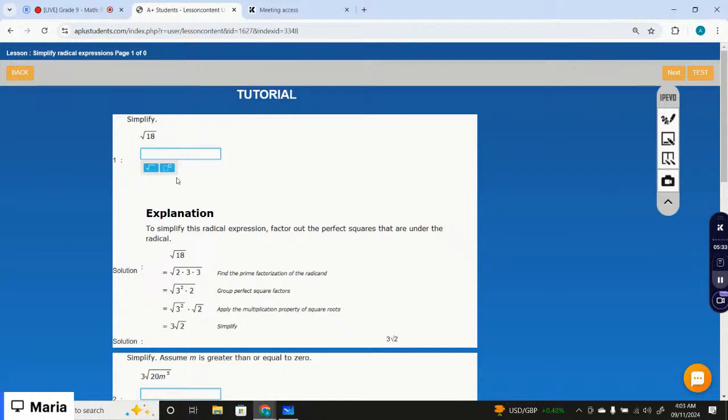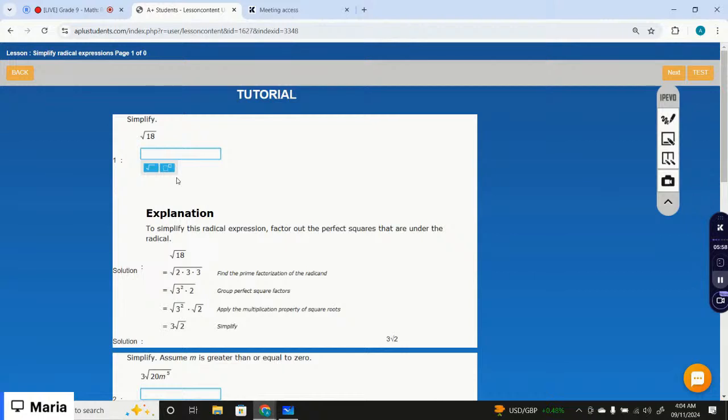So that would be 3 square times 2, right? So the square and square root cancel out and you are left with 3 square root 2. So that means you can simplify square root 18 to 3 square root 2. Got it?